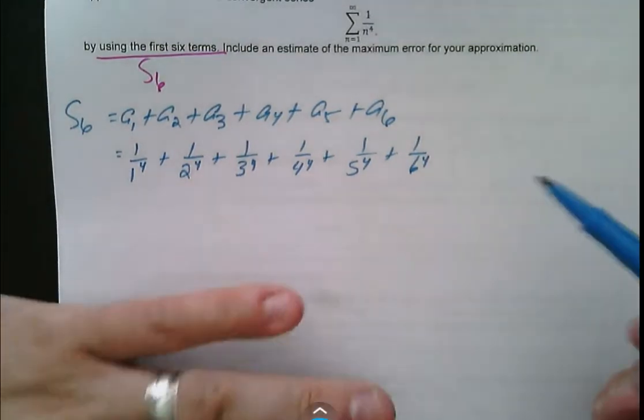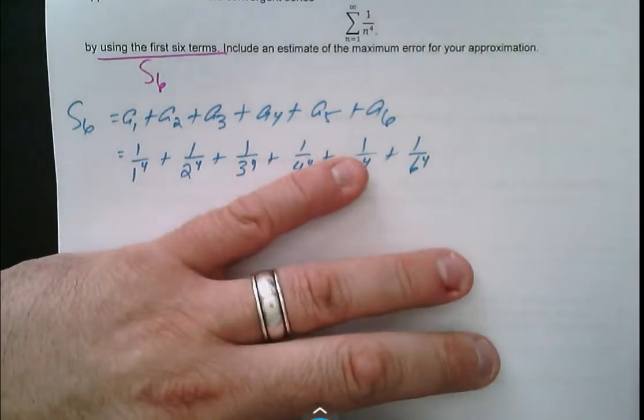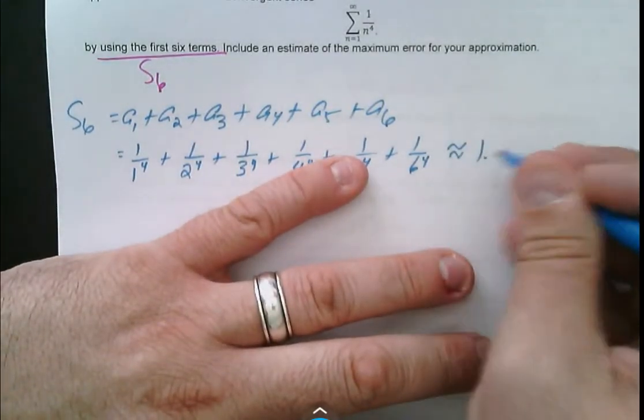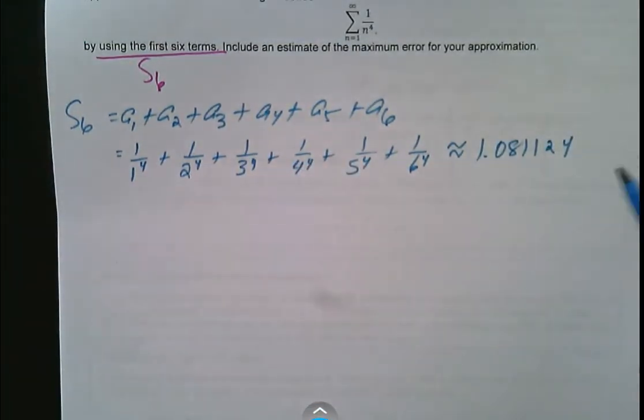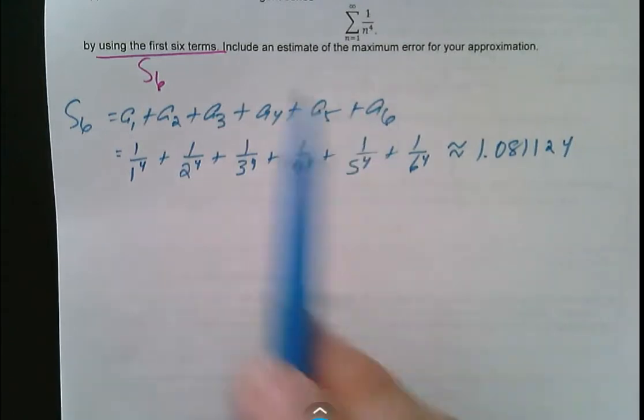That's it. That's my 6th partial sum. For those of you that have access to a calculator, you can plug this in, and the value should be 1.081124. Okay, big deal. Didn't do any calculus there.